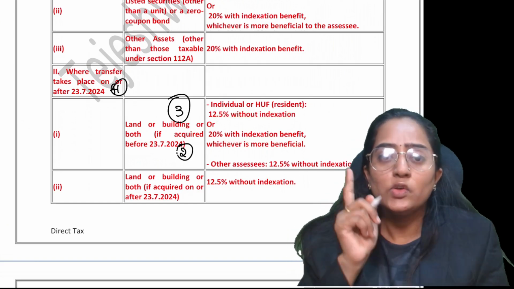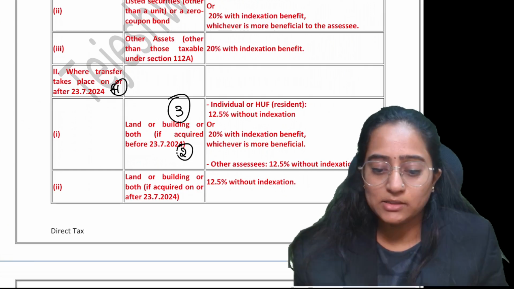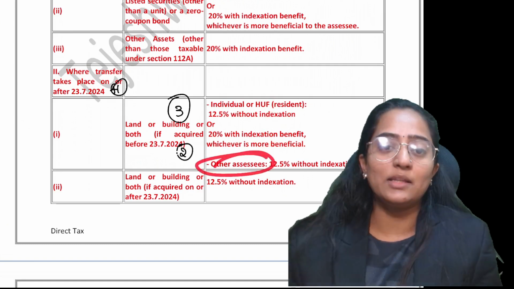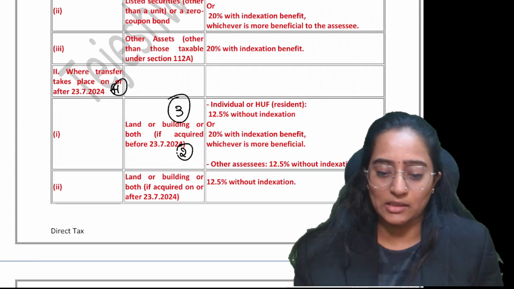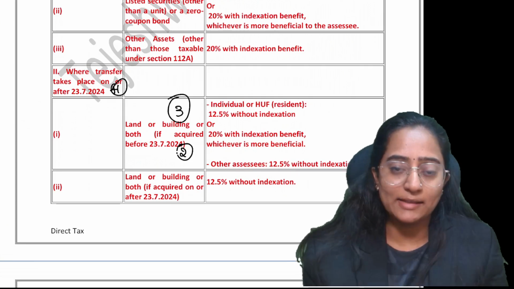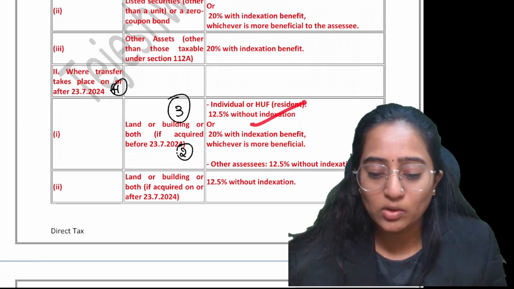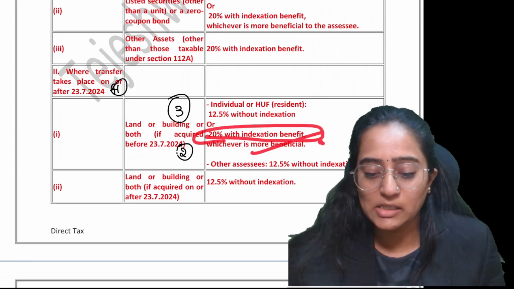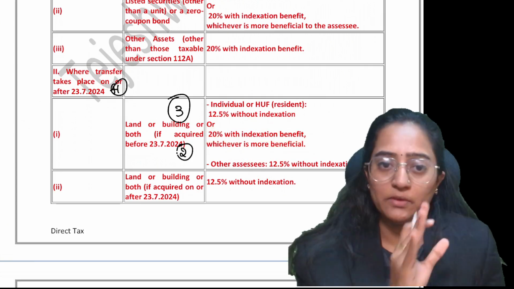Only individual or HUF is given this option. Company doesn't have this option. Company comes under other assessees, AOP comes under other assessees, BOI comes under other assessees, firms also come under this. Other assessees get 12.5% without indexation, but individual or HUF resident gets 12.5% without indexation or 20% with indexation benefit, whichever is more beneficial for you. Clear? Whichever is more beneficial.